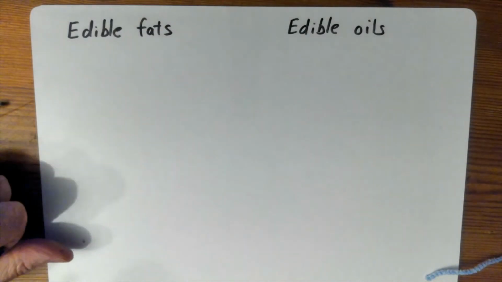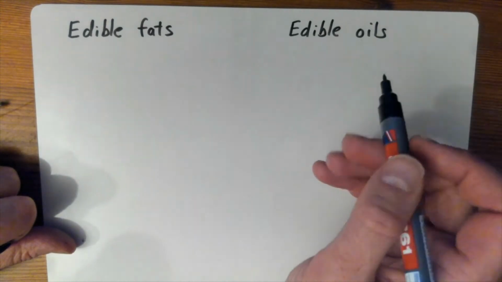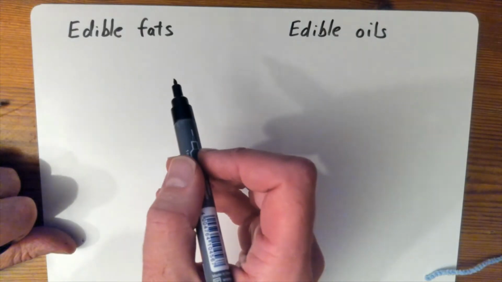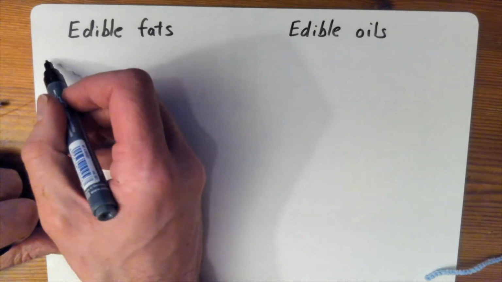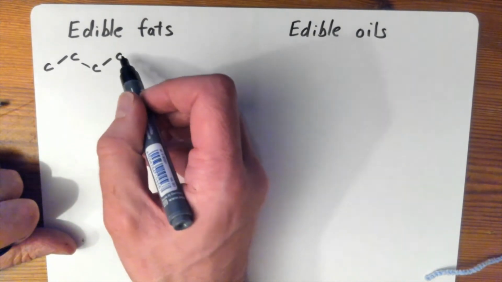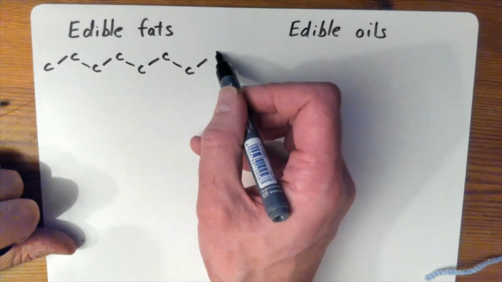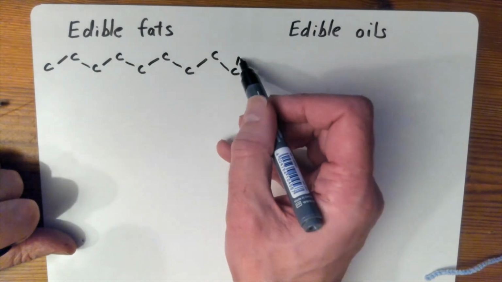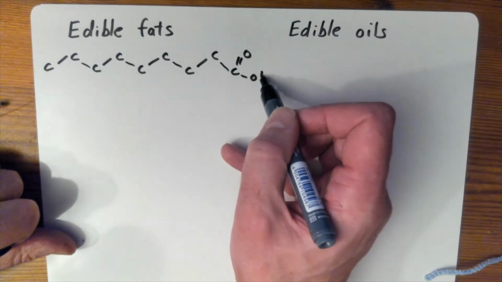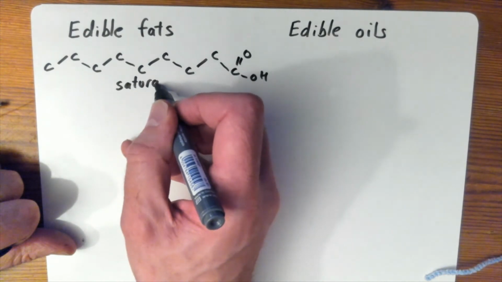To understand why edible fats have higher melting points than edible oils, we need to look at the structure of the fatty acid chains present in the fat molecule. And in particular, we're looking for whether there's carbon-to-carbon single bonds, i.e. is it saturated, or carbon-to-carbon double bonds, i.e. is the molecule unsaturated. So let's say we have a saturated molecule.